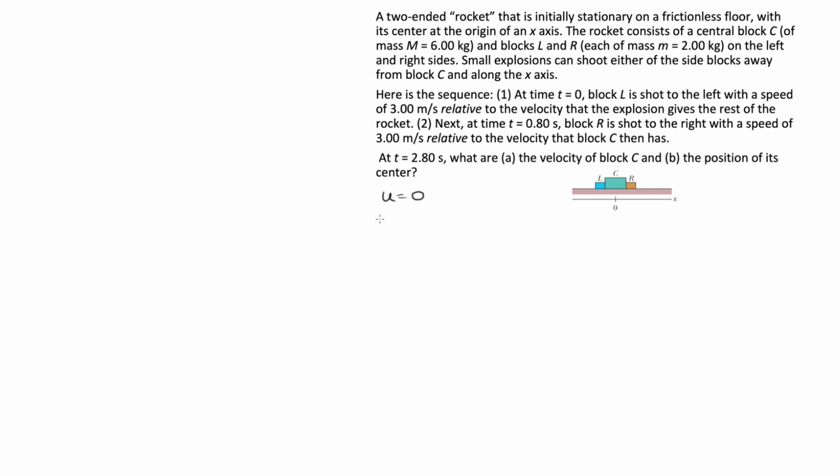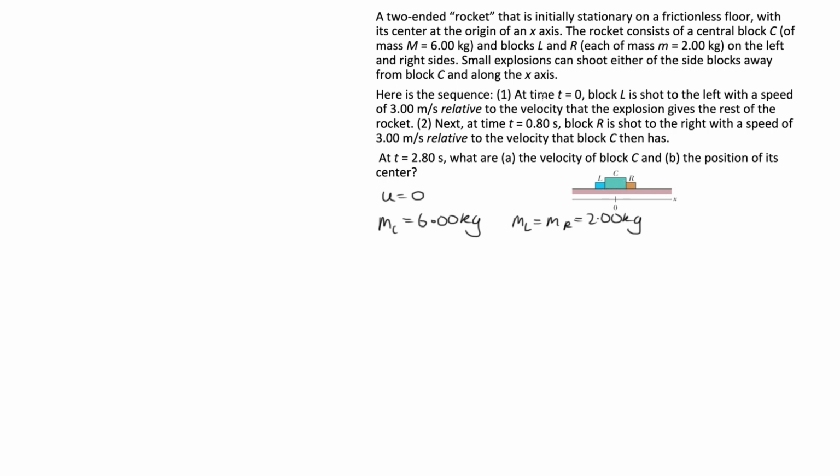So we can say the mass of C is equal to 6 kilograms. And blocks L and R each of mass 2 kilograms. So mass of L is equal to the mass of R is equal to 2 kilograms on the left and right sides. So a small explosion can shoot either of the side blocks away from block C along the x-axis.